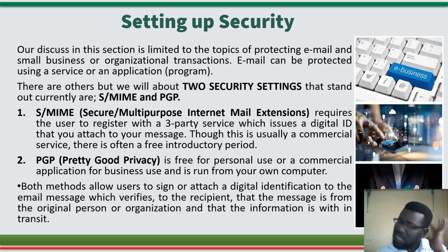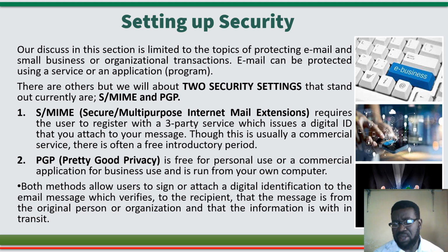Now let's talk about setting up security. Our discussion in this section is limited to just the topic of protecting emails and small business or organizational transactions. All right. So emails can be protected using a service or an application, that is a program. You can use a program that is run by the site to protect your email or your business transaction.